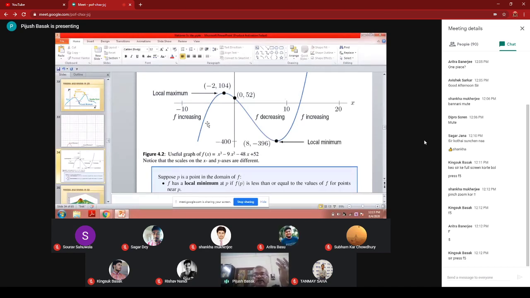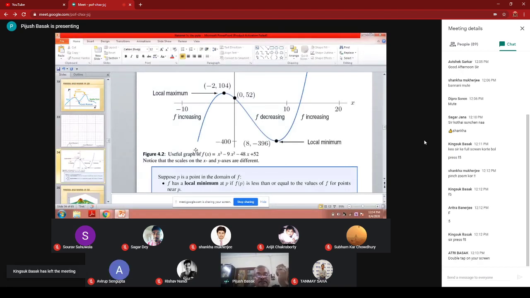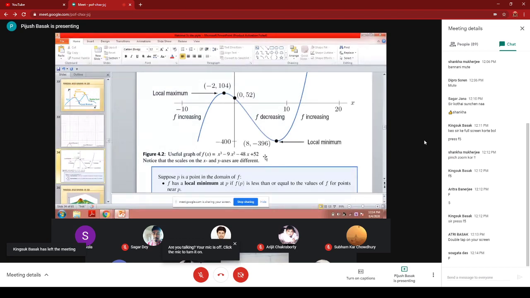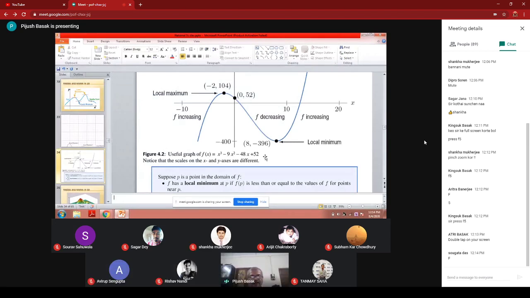The curve is of a different nature; we cannot control it, because your problem will be dealt with according to the nature of the curve. This is a graph of x cube minus 9x square minus 48x plus 52. So you have to find the local maximum and global maximum. All these things will come. There is some technique that I will discuss. Before that, I am just showing you the patterns. Next slide.